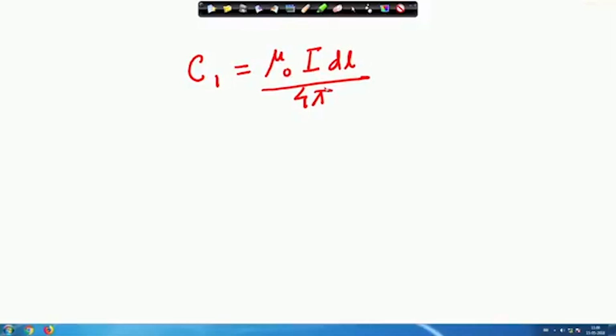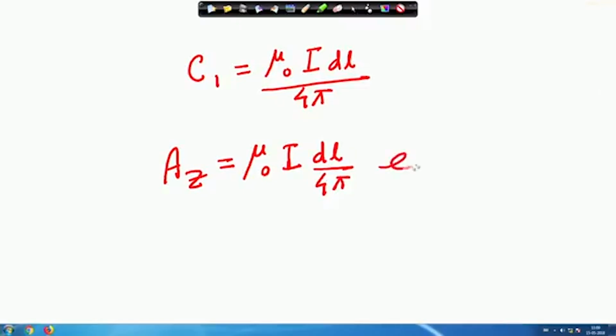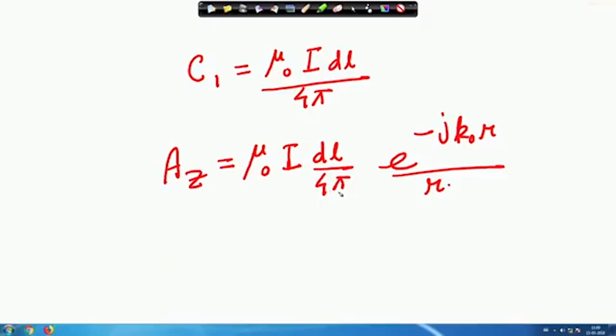So, we can now find that the actual solution Az is equal to mu naught I dl by 4 pi e to the power minus j k naught r by r. So, you see this C1 actually represents the source strength, I dl is the strength of the source, and these are the constants etc. So, Az is this.